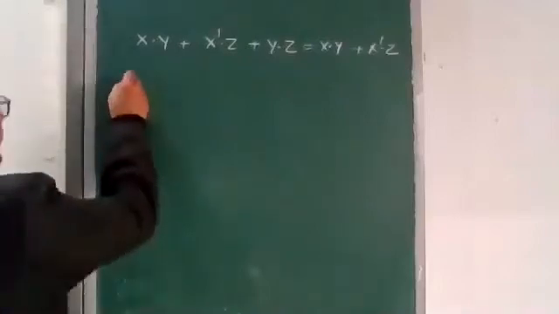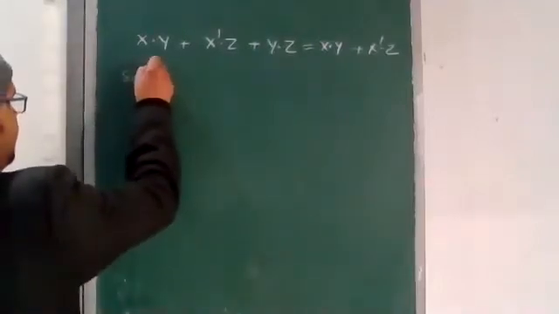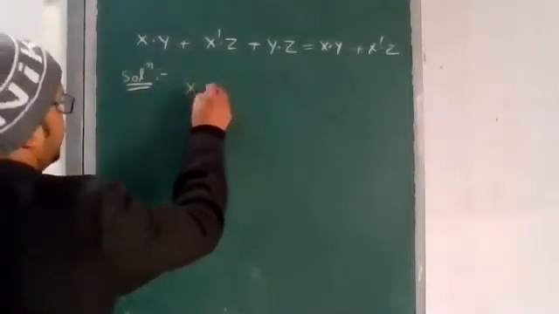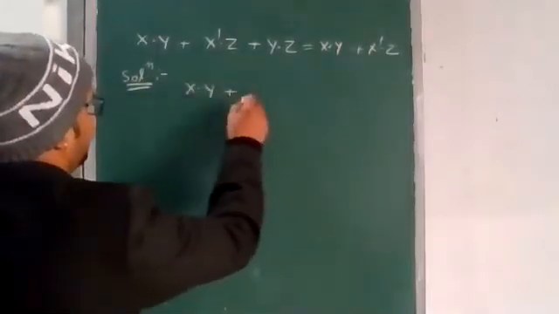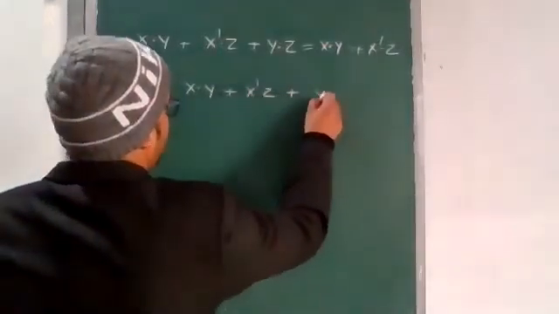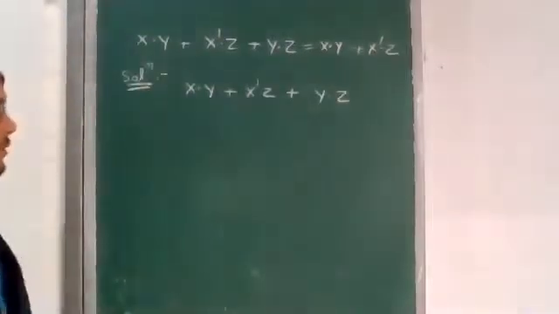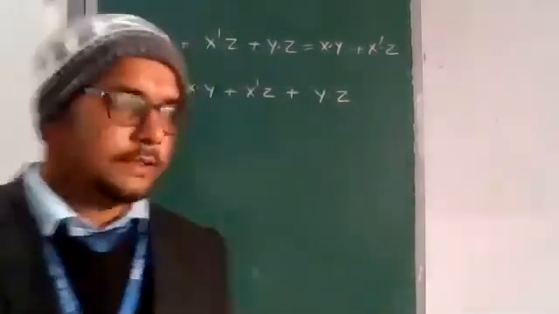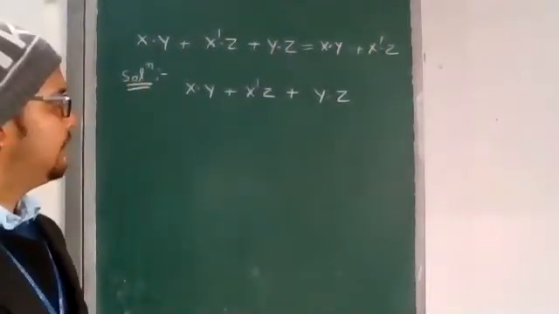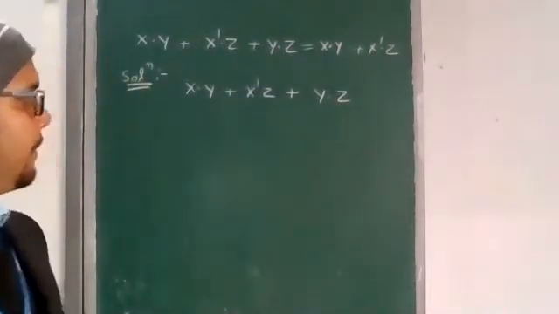So the solution of this is, first you have to note down this left hand side, x dot y plus x complement z plus y dot z. Then find if anything is common in this expression.